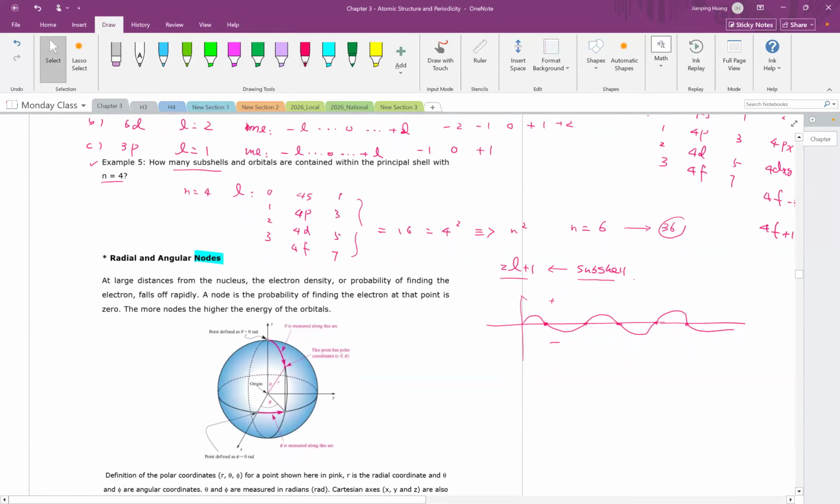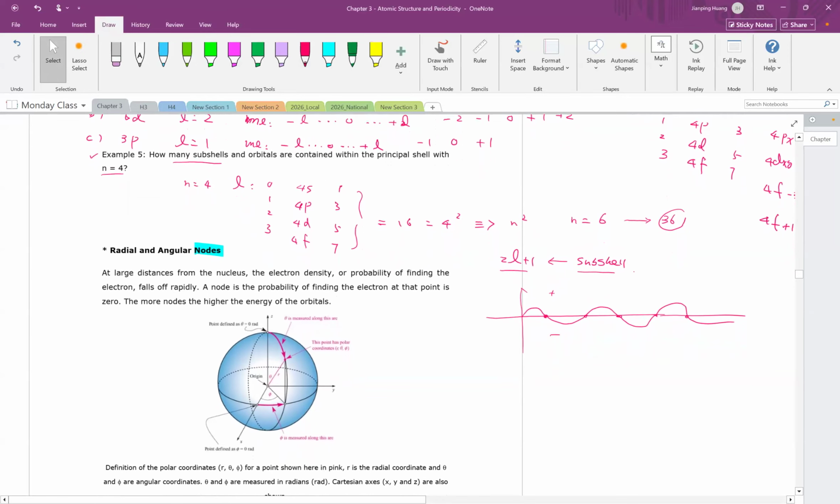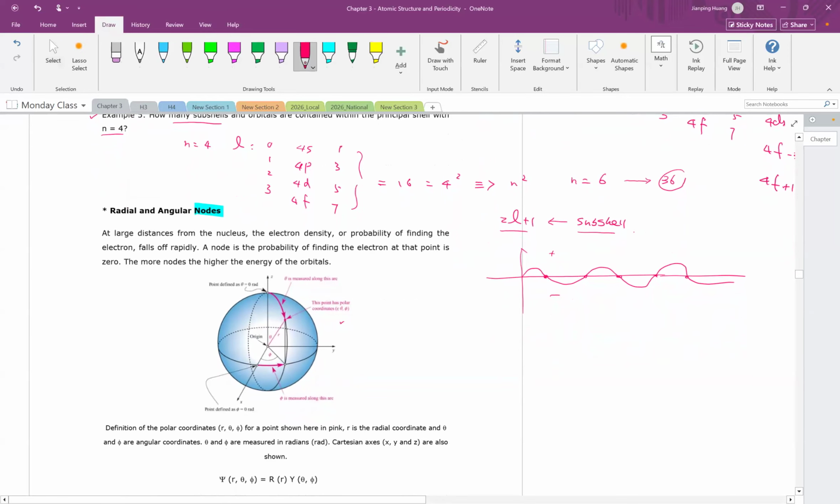Now, the atomic orbital is 3D. See? And that's why it is a 3D orbital. Now, based on the Schrödinger equation, H psi equals E psi.